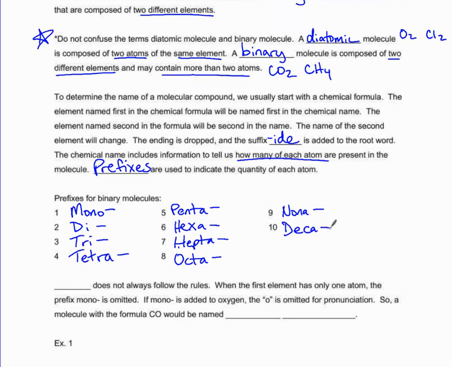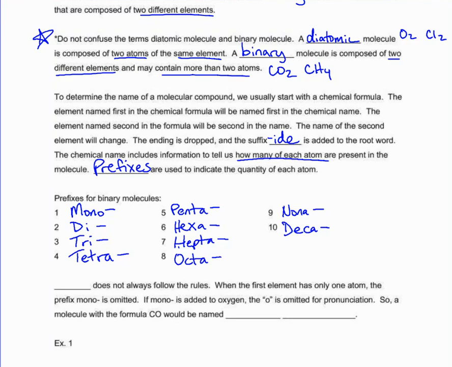Some of these prefixes are shared with math. So like penta, hexa, so pentagon, hexagon, octagon, nona, deca. But some of these are a little bit unique. For instance, tetra is not a math term. In math, it would be quad.